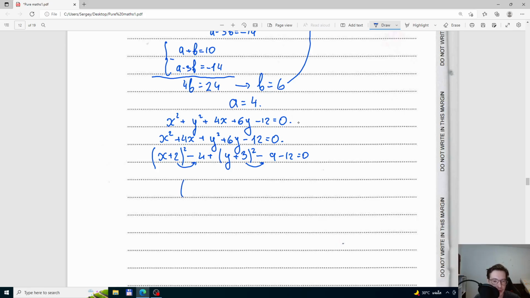Okay, so x plus 2 squared plus y plus 3 squared. Let's move all the numbers to the right side and we get 25, which is actually r squared. So radius is 5, but we're looking for the coordinates of the center, which is going to be minus 2, minus 3.